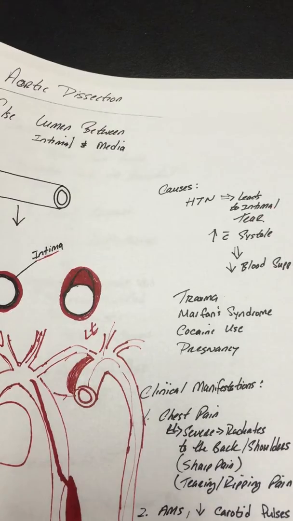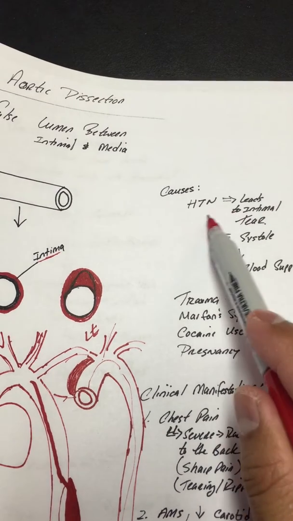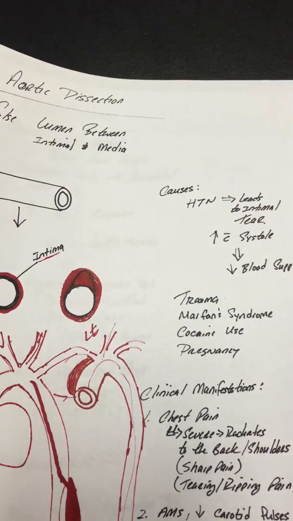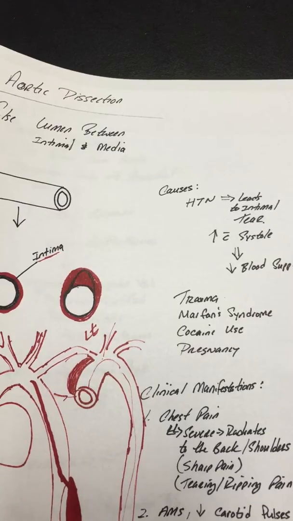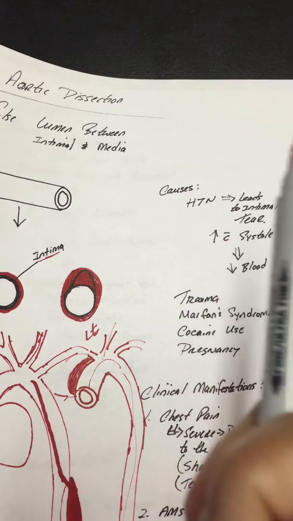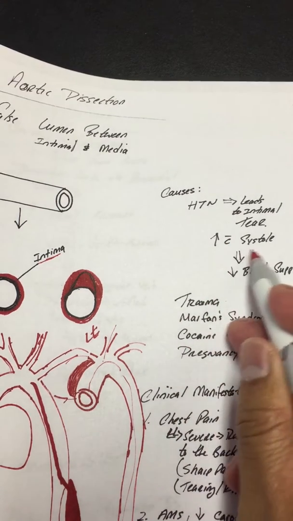Okay, so again, we talked about high blood pressure causing many different pathologies in our lecture on hypertension and on atherosclerosis. So again, this increase in high blood pressure can lead to an intimal tear, the innermost portion of the artery or the aorta. Now again, this tear will most likely increase during heart contraction or systole.